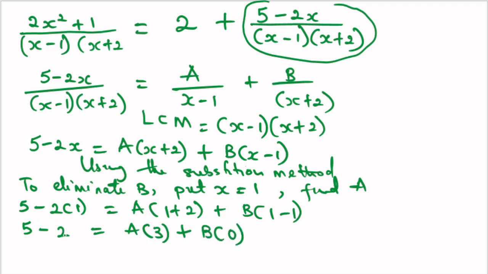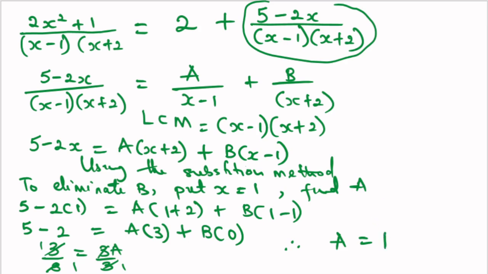So 5 minus 2 gives us 3 equal to 3A. Now we'll divide through by 3. So therefore our A is equal to 1.